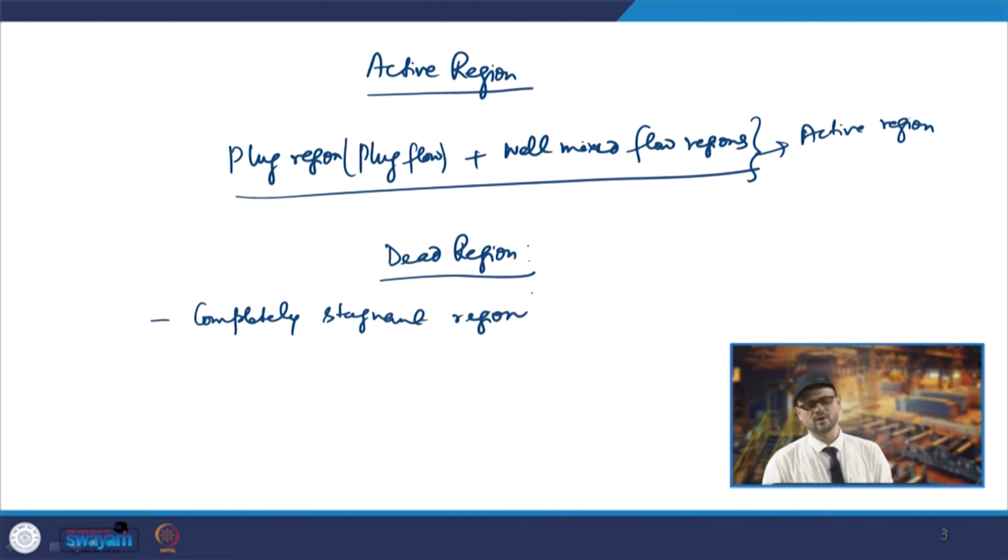The fluid will be moving very slowly, and it remains in that vessel for a much longer time. So you need one criterion for what the time should be: if the particle stays for more than that time, then it may be called the dead region.